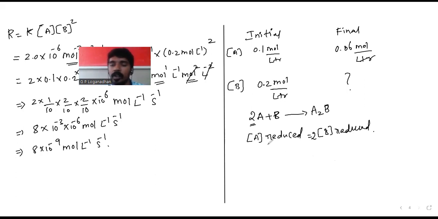So what you can write now? How much A is reduced? It was 0.1. It is reduced to 0.06. It means that 0.1 minus 0.06 is the amount which is reduced.